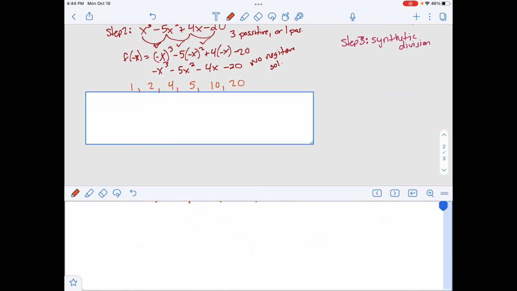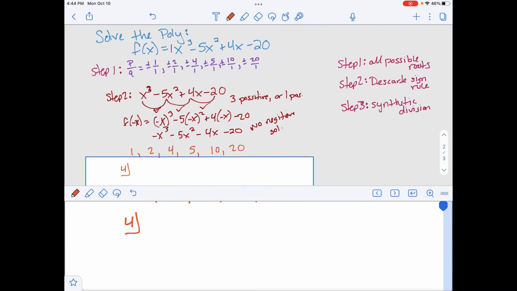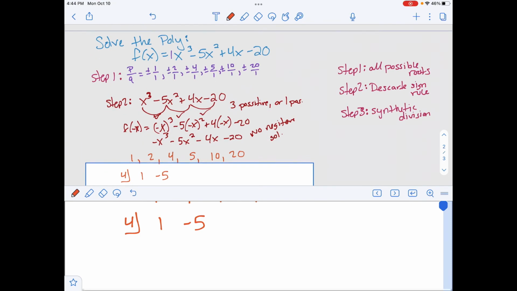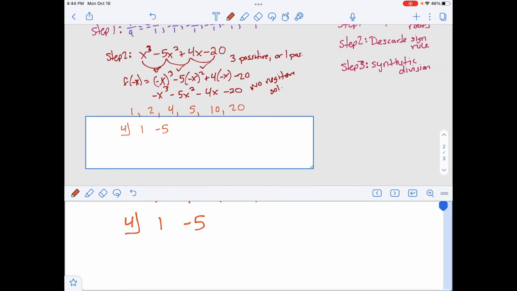So let's try some. I like to start in the middle to see what happens. Let's try 4. So we have 1, negative 5 for our coefficients, 4 and negative 20.